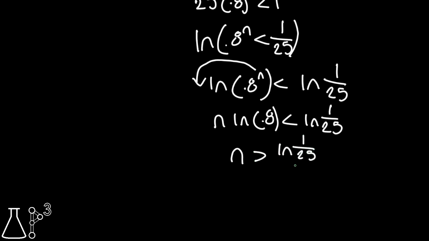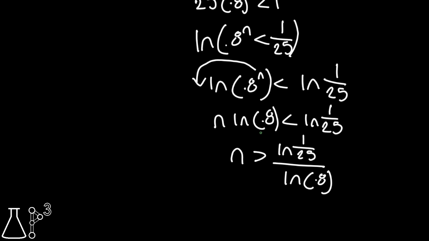And again, the reason is because natural log of 0.8 is negative. So basically, whenever you have natural log of something less than 1, that natural log is going to come out negative. And whenever you divide by a negative in an inequality, you end up flipping it, right?